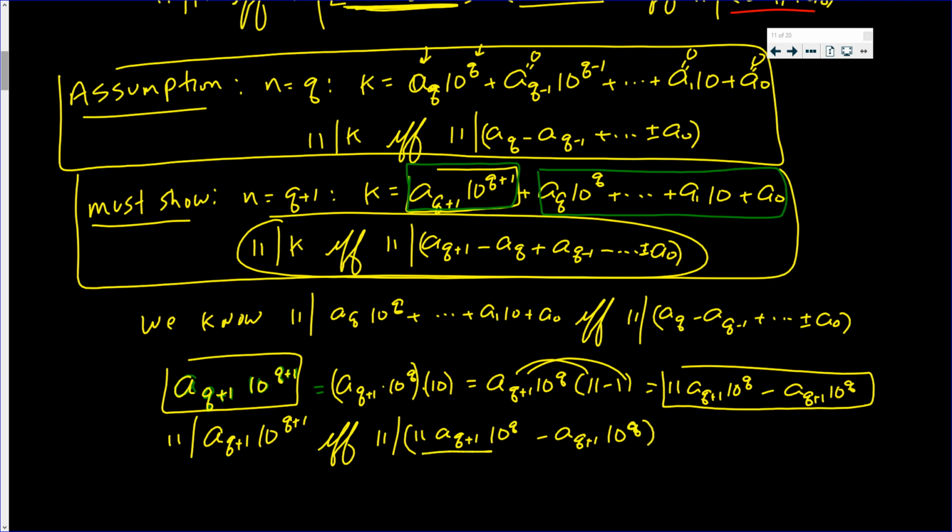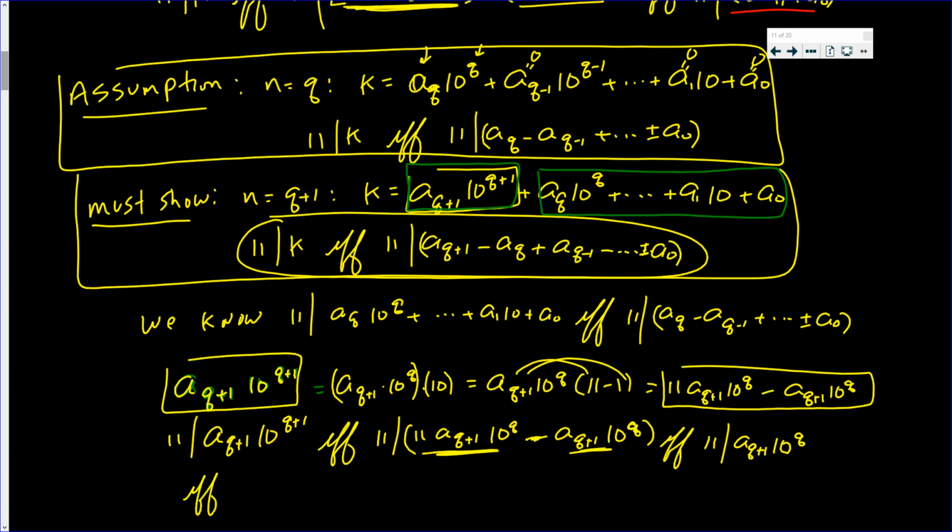Well, clearly 11 divides this. So 11 is going to divide their subtraction if and only if 11 divides a(q plus 1) 10 to the q.